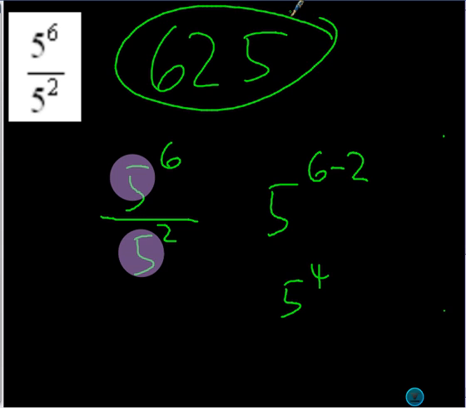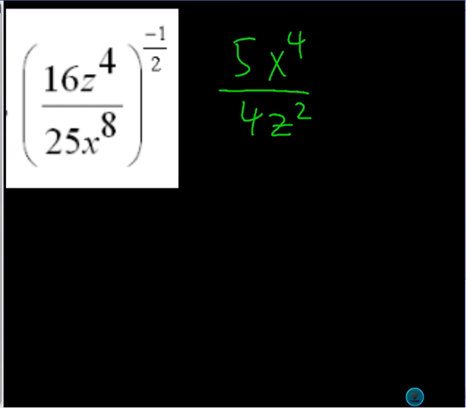Now we started getting a little more complicated, right? And we have the rational exponents. So, and negative exponent also. So there's several things going on with this one. Like I said, if you have parentheses, you're going to want to simplify whatever you have in here first.